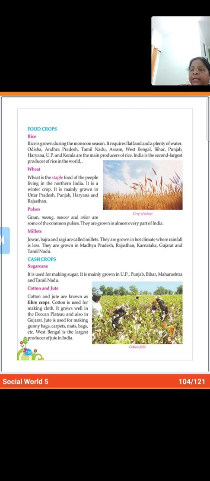And it is grown in Odisha, Andhra Pradesh, Tamil Nadu, Assam, West Bengal, Bihar, Punjab, Haryana, UP, Kerala. India is the second largest producer of rice in the world. And which is the first largest producer? That is China. And our country, India, is the second largest producer of rice in the world.